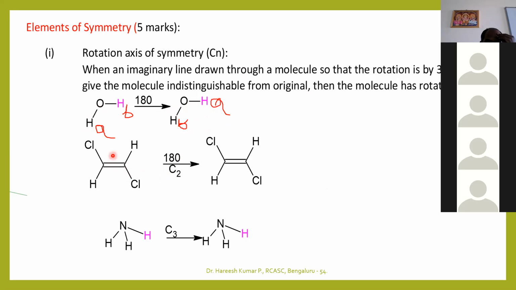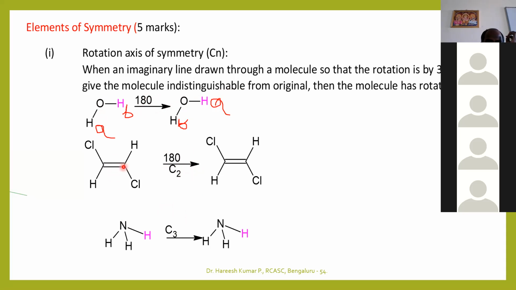Right. So similarly, this one also, with 180 degree rotation, will give you a C2 axis. C2 means 180 degrees, C3 means 120 degrees. So what I mean to say is that a water molecule at 180 degrees gives you an indistinguishable compound.